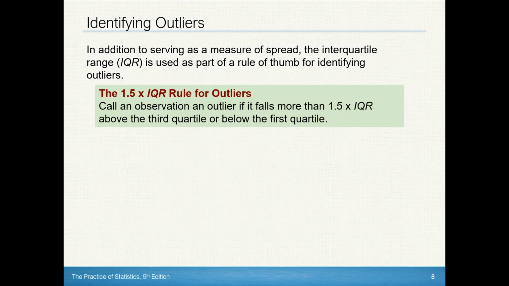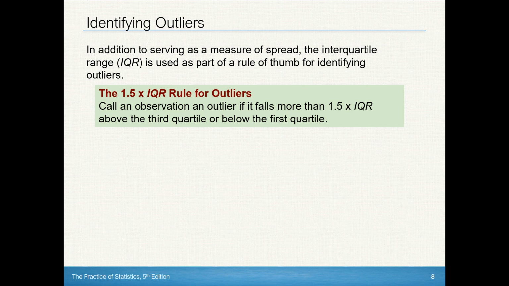From the IQR, we can use a concept listed here to find outliers. Previously, I defined an outlier as a point that simply lies outside of the pattern. Well, we want to put a finer point on that and say, what does that mean, outside the pattern? So we have a rule, 1.5 times IQR, and the story is that Professor Tukey, who actually invented the box plot, invented a lot of stuff that we use in statistics now.